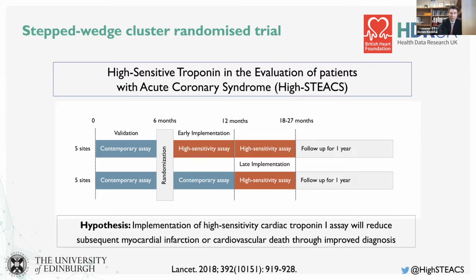And the Stepped-wedge trial allowed us to implement this across 10 hospitals in Scotland to give us a fairly large sample size, to give us confidence whether it was helpful or unhelpful. And I should point out that the reason we did this as part of a randomized trial was because we felt there was equipoise, and it was possible that there would be harm to patients by over-identification, investigation, and treatment when they didn't have acute myocardial infarction.